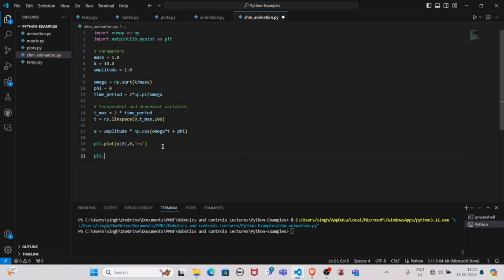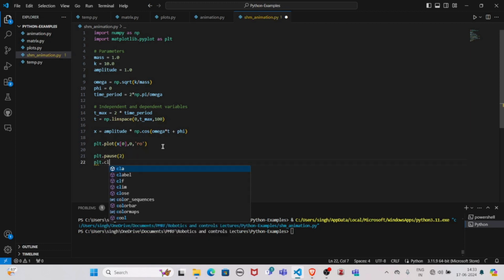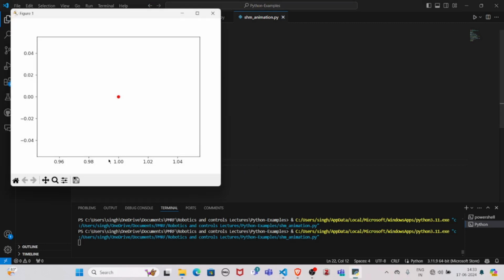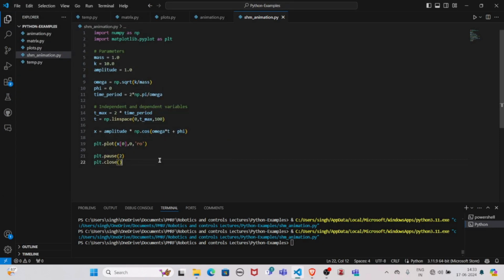So plt.pause, let's say 2 seconds, and plt.close. Okay, now let's run it. So yeah, at x0 there is a round dot. So we plotted the first frame of the mass itself.